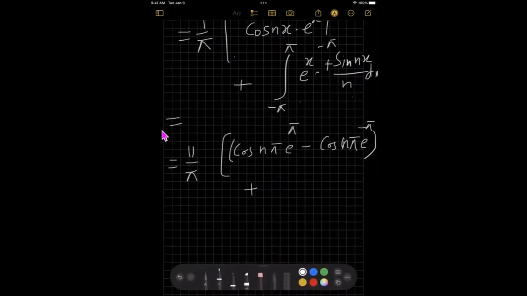There are two terms. Again, we will take e^x as v. So we have 1 over n sine of nx dot e^x, minus pi to pi, minus the integral of cos of nx over n dot e^x dx.